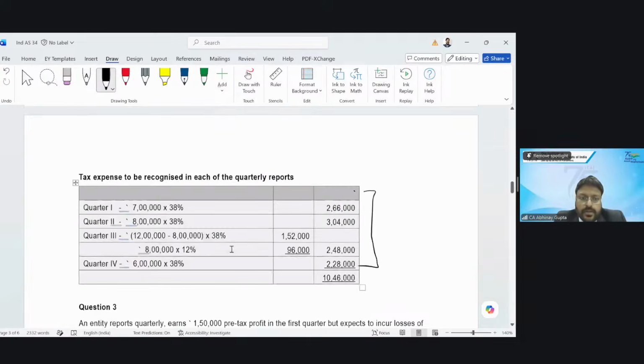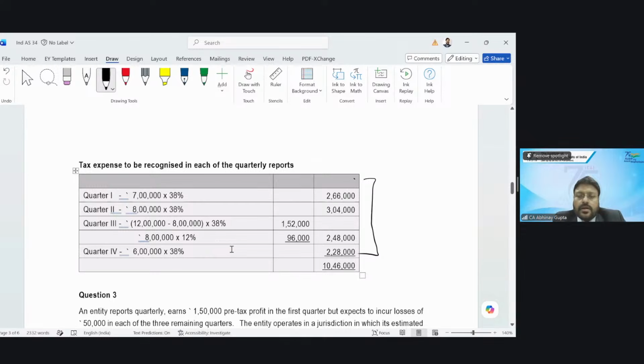Okay. So are we able to understand the concept behind these calculations? First of all, we will segregate the different income which is taxed on a different tax rate, right? So we are not considering that. For the remaining income for the full year, we will calculate the weighted average tax rate. And for each of the quarters, for the general income we have, we will simply apply that weighted rate.